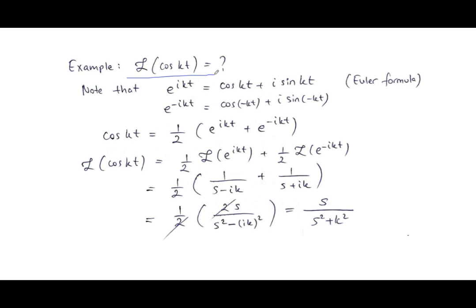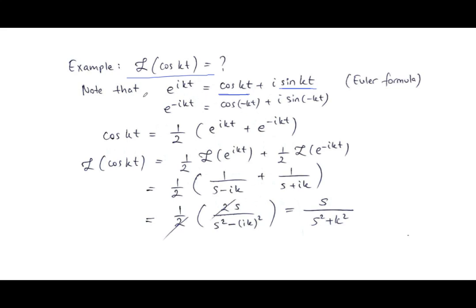The Euler formula connects the exponential function with the trigonometric functions cosine and sine. So we have the exponential e to the power ikt, with the complex number i, written as cosine kt plus the complex number i times the sine of kt.